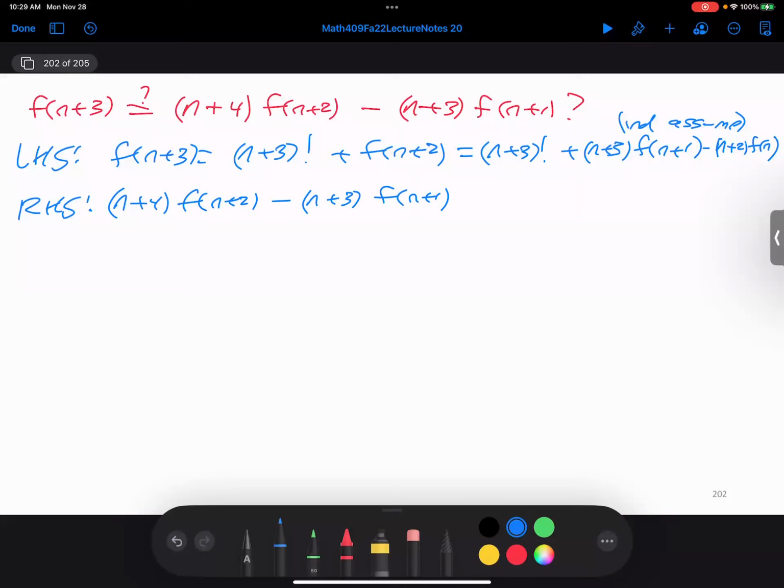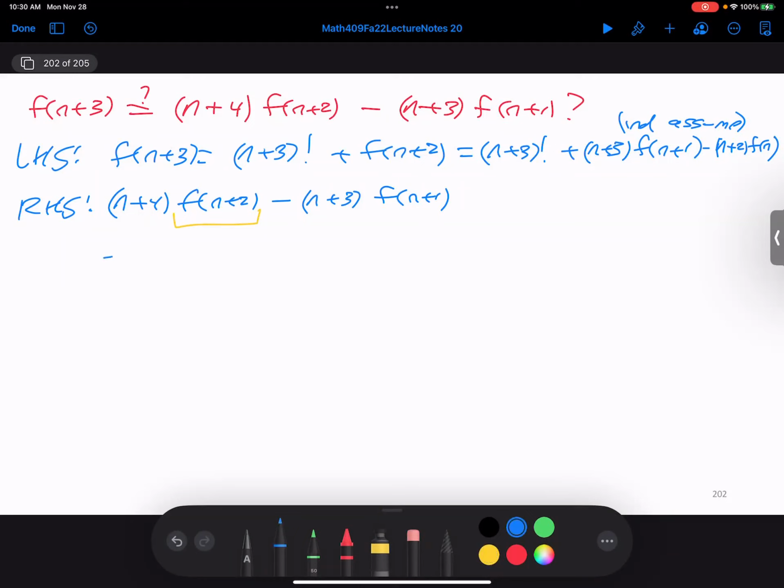So the question is now, what's the best way to do the algebra? Any thoughts? So we want to get things done in terms of just F(n+2) and F(n+1). We do know by assumption what F(n+2) is, right? We can replace this, right?